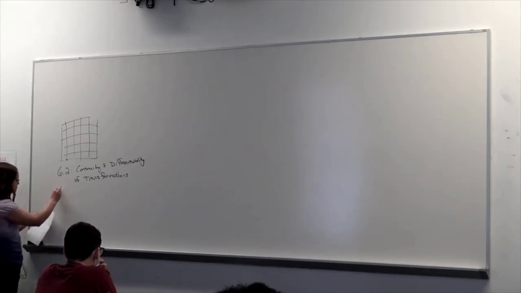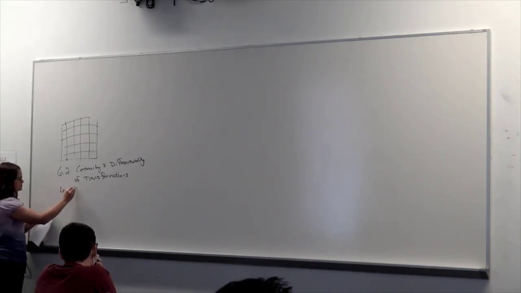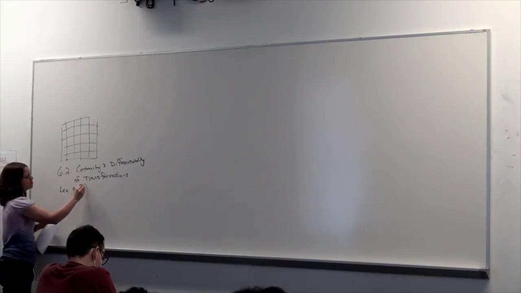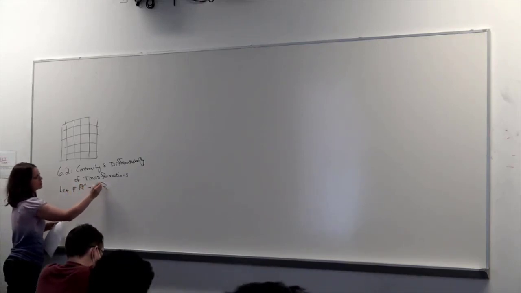Okay, so we have a function. It's a vector-valued function, so it takes in a vector and it spits out another vector. And they may have the same size or they may not have the same size.